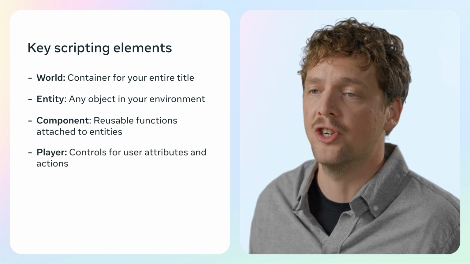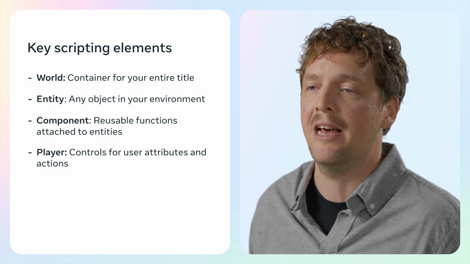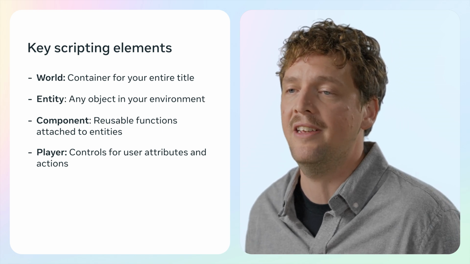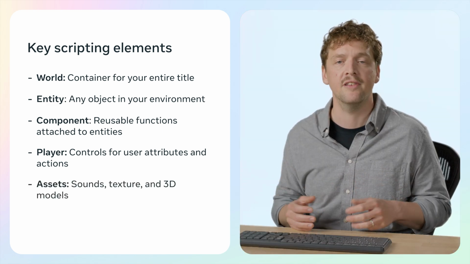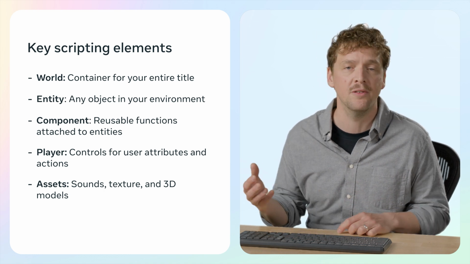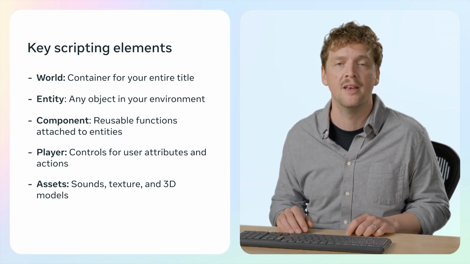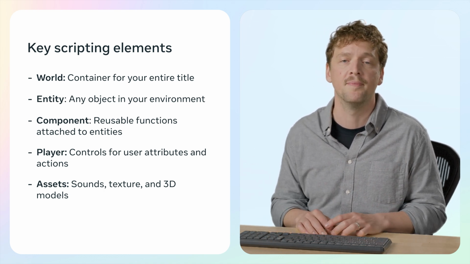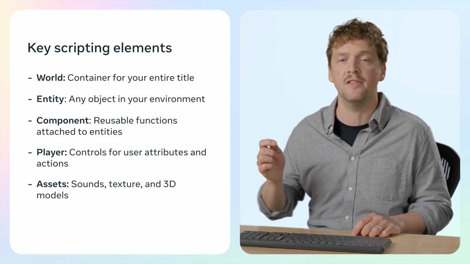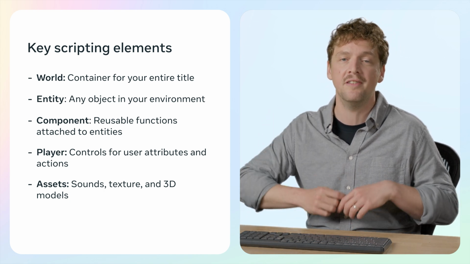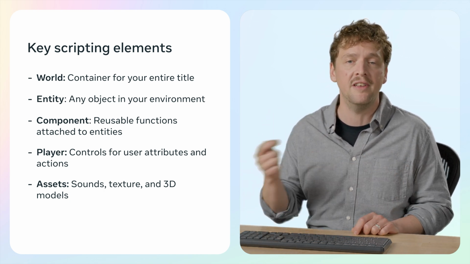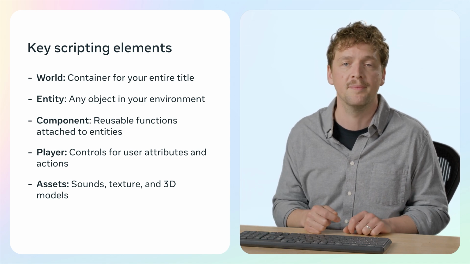The player construct contains attributes and managing methods for players in your world. Assets are resources like sounds, textures, and 3D models, and there's more constructs beyond. However, today we're going to focus mostly on components, as these are the foundation for most interactive functionality in worlds.